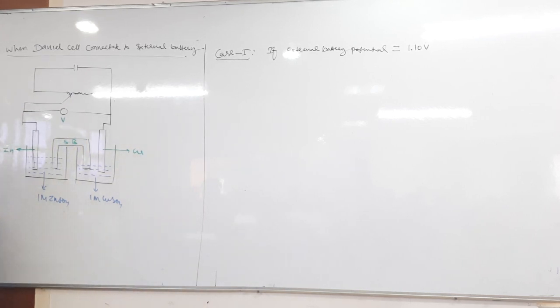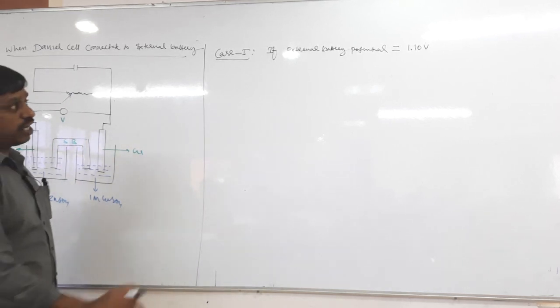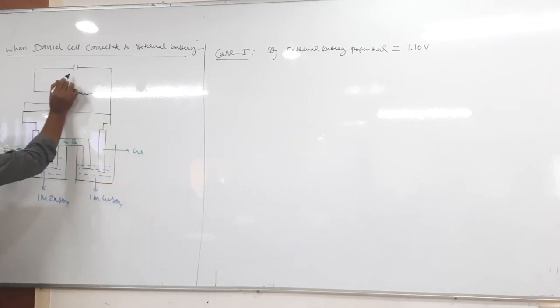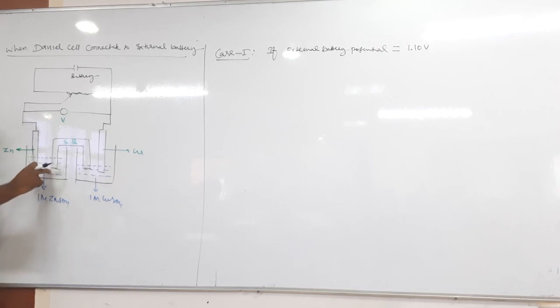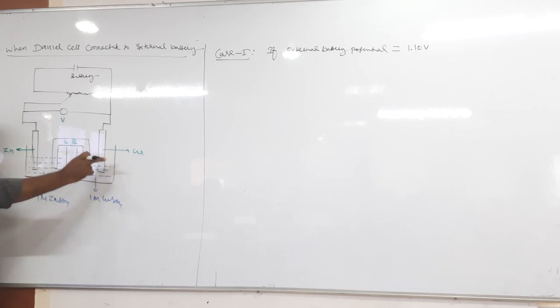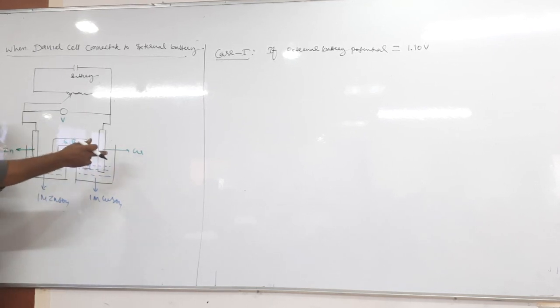First case, if this external battery potential is equal to Daniell cell potential, what happens? Usually, if there is no battery, zinc undergoes oxidation, copper undergoes reduction, and electrons flow from zinc rod to copper rod, and current flows from copper rod to zinc rod.